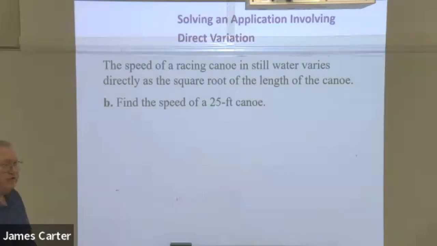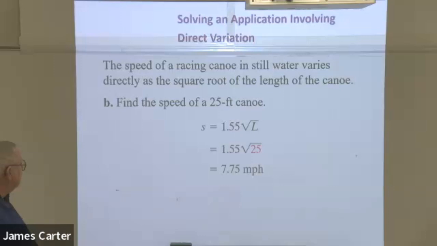What if you had a 25-foot canoe now? We had a 16 before, right? And it could go 6.2 miles an hour. So let's see what a 25 would do. Here's our constant of variation. We're going to put a 25 in, square root of. That's 5 times this, which is that.